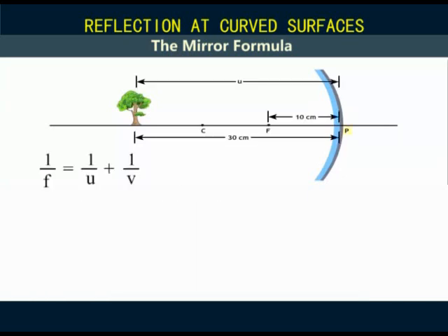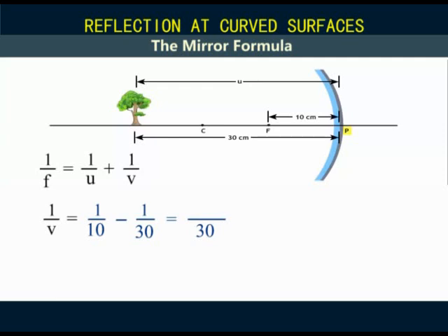So for our case, 1/10 will be equal to 1/30 plus 1/v. Rearranging to make 1/v the subject of the formula, 1/v is equal to 1/10 minus 1/30. The LCM of 10 and 30 is 30.